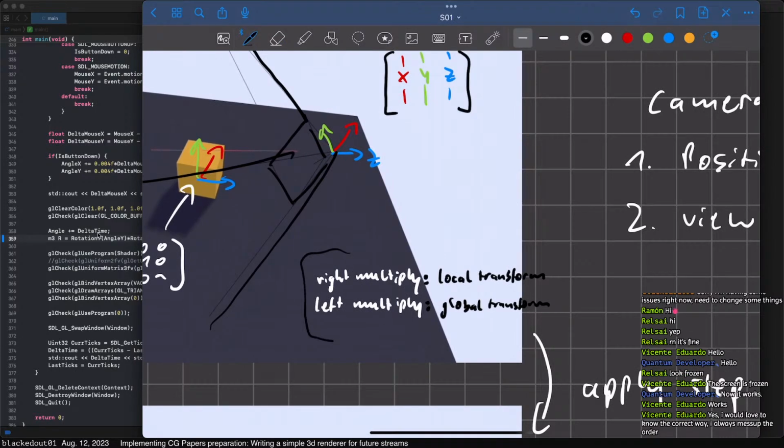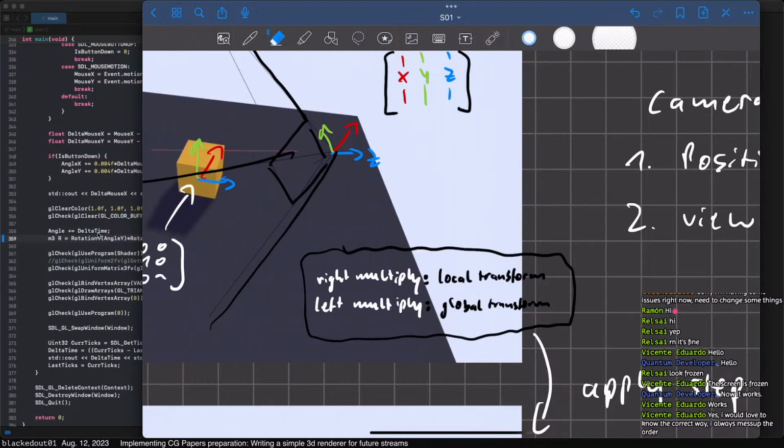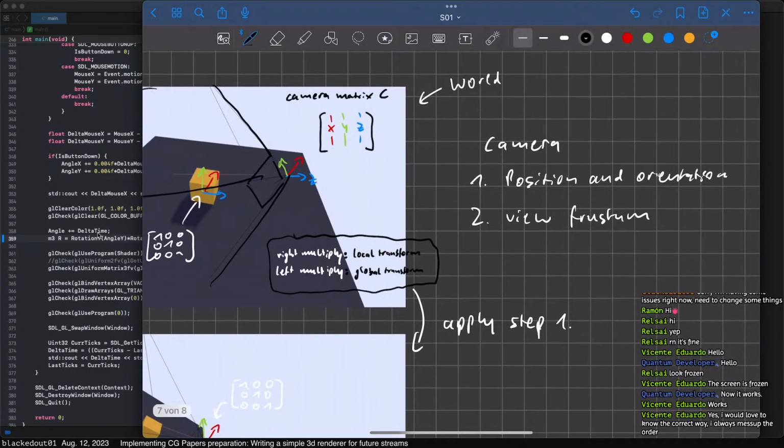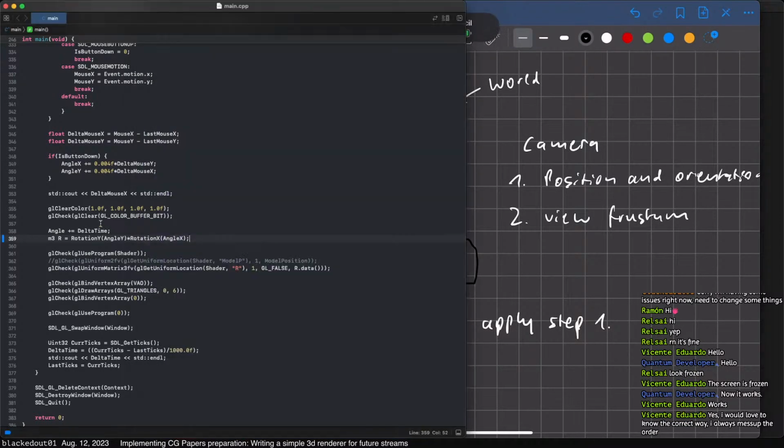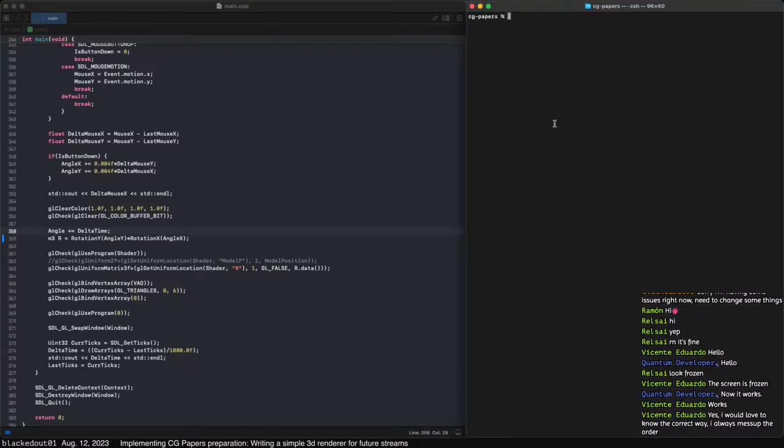Yeah, so that's one important thing to keep in mind. Okay, so let's see. Maybe I can even make an example here. So if we rotate around the x-axis first, I think this should be correct.